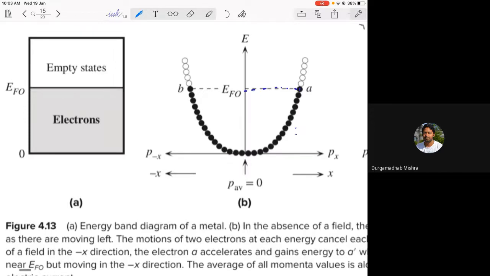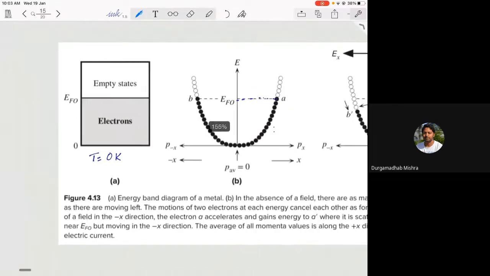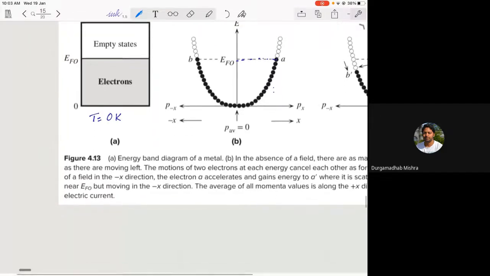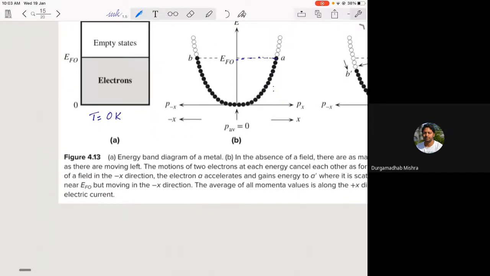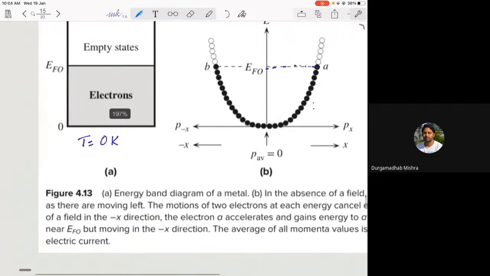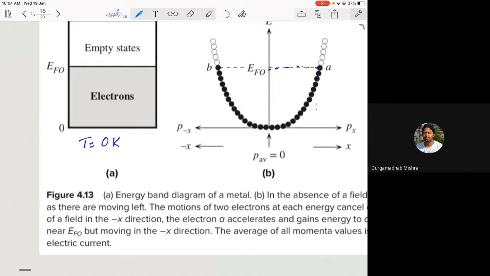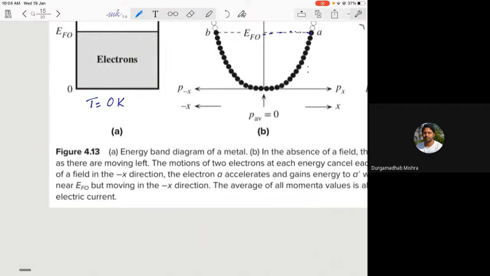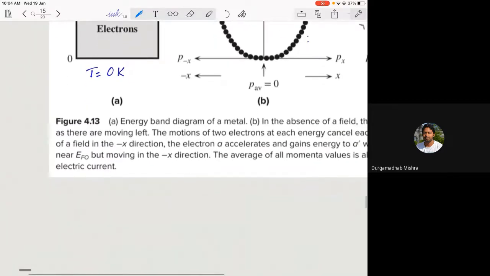Otherwise, this picture corresponds to a temperature T equal to 0 Kelvin. Here is one interesting thing, which we will look at later on, but I want to mention here again. When you see how the electrons occupy the energy levels, there is inherently a distribution, known as the Fermi-Dirac distribution.